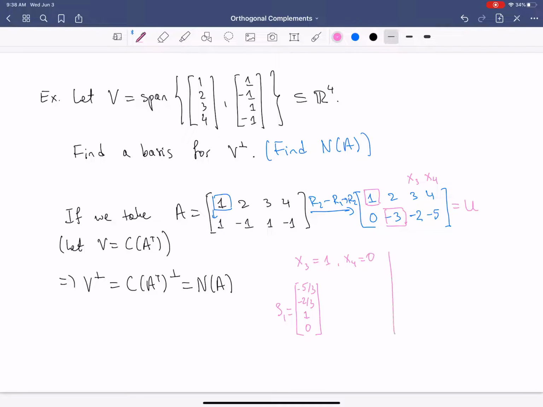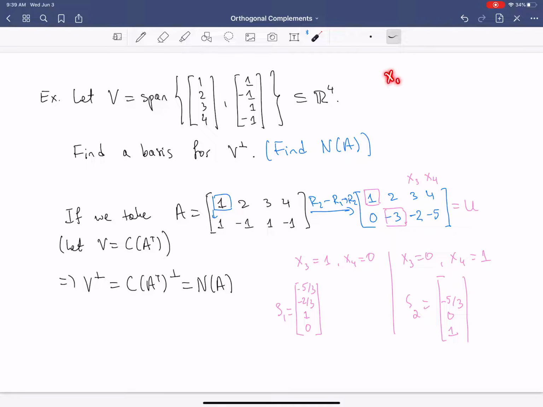The second special solution will have 1 and 0, so that corresponds to x3 being 0 and x4 being 1. So we repeat the same process. We're going to have negative 5/3 here. And what should be the first component? I have to write this down. I'm not that smart.